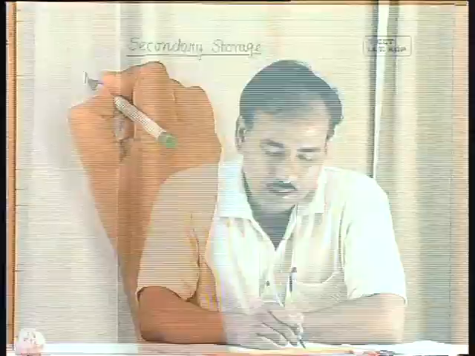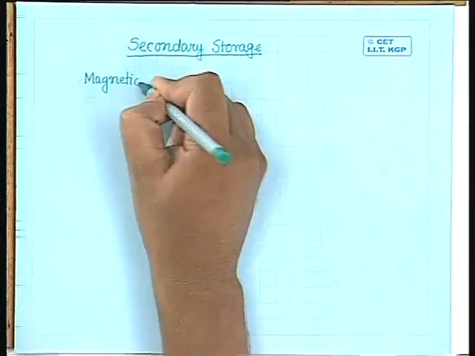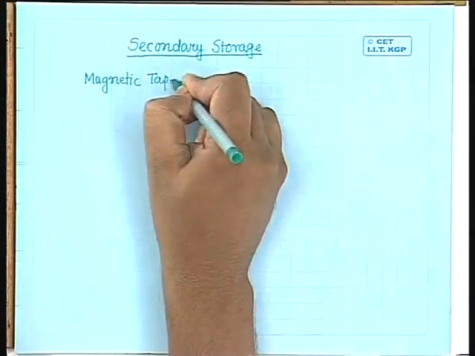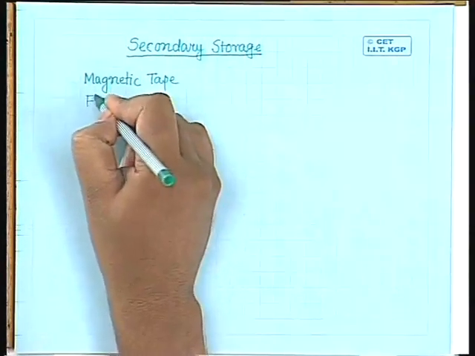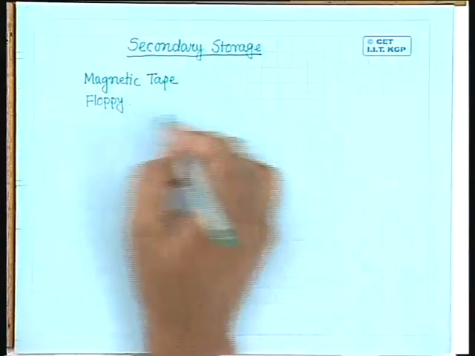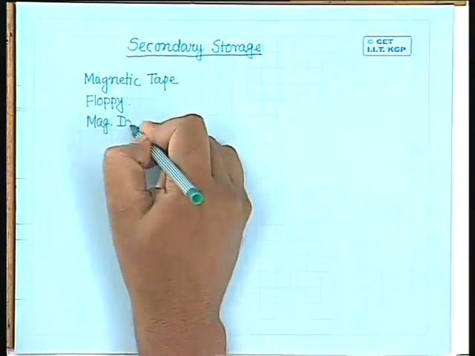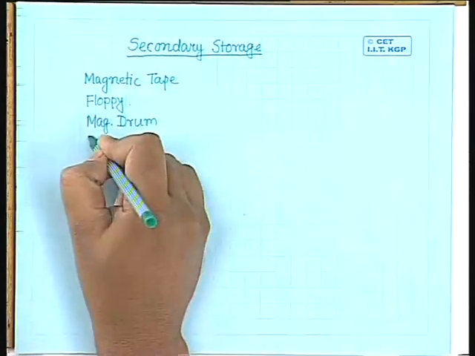Now, before we go further, let us see what is meant by a block. For that, we discuss the secondary storage devices, and you know that we can have different kinds of secondary storage devices. For example, a storage device like magnetic tape, a floppy drive, of course these are all magnetic materials, a magnetic drum, a magnetic disk.